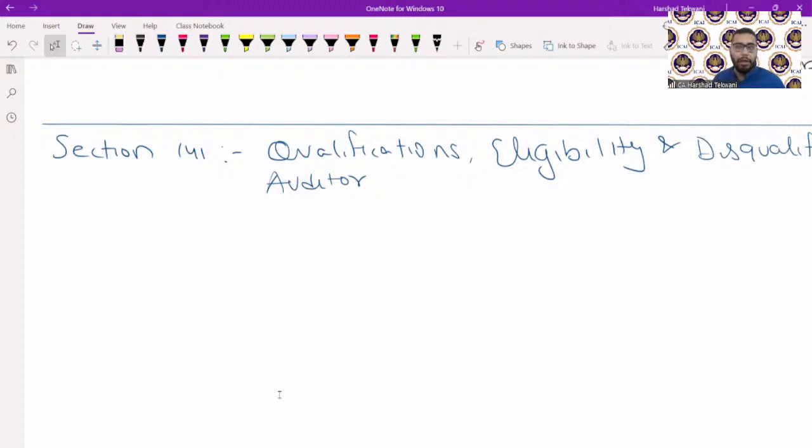Certain conditions should not be present, so that the auditor should be independent.